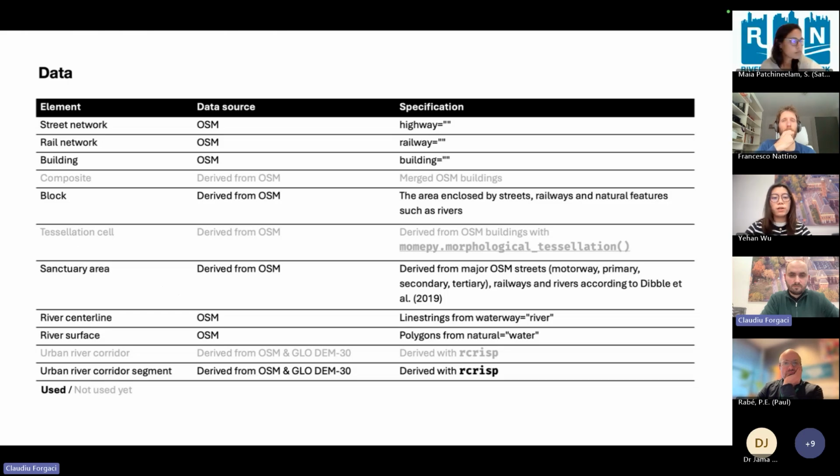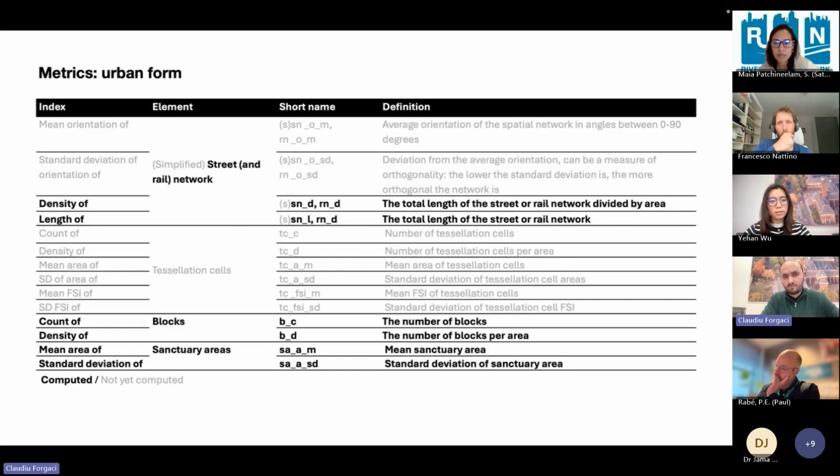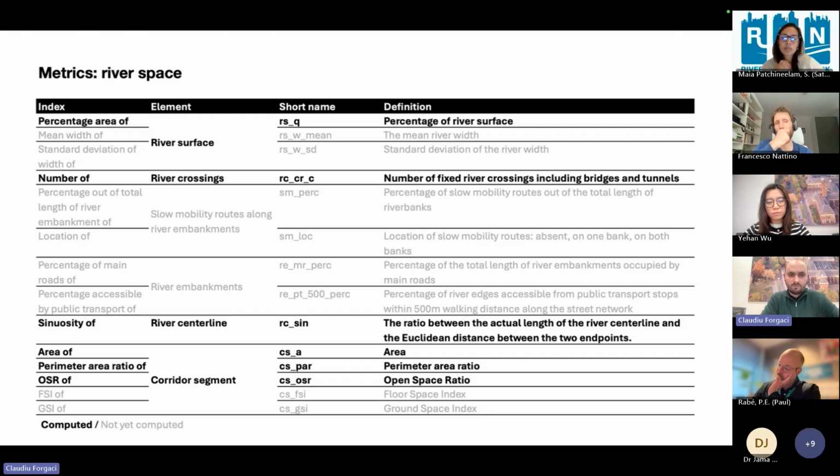And to do that, there are quite different morphology variables, including the street networks from also the open source data, the building, the blocks, and also the river shape, and also the density of blocks, the river surface, the river crossings, how it is crossed by the bridges and tunnels, and also the segments that is calculated regarding the area parameter.